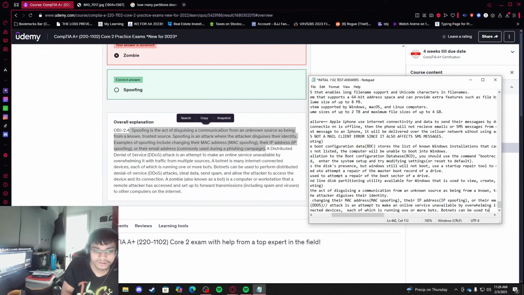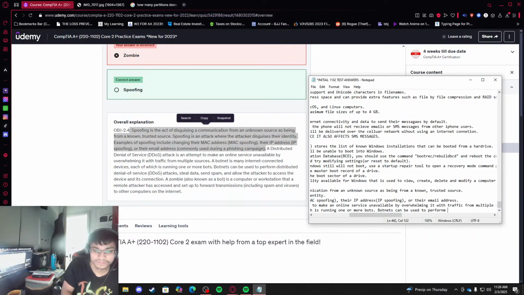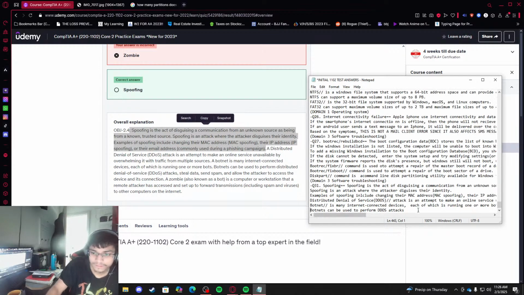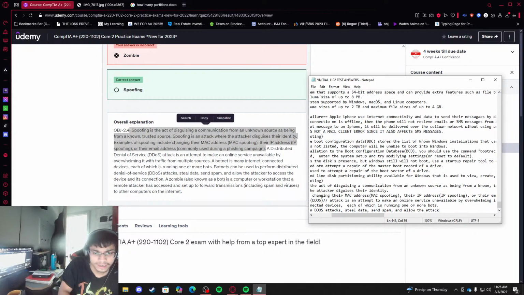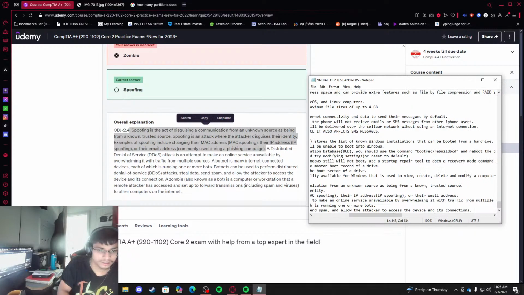Botnets can be used to perform distributed denial of service, DDoS. Steal data, send spam, and allow the attacker to access the device and its connections.